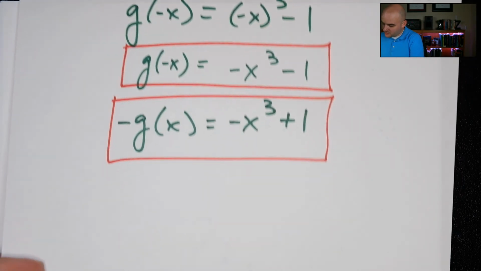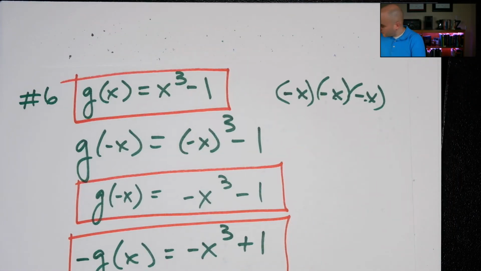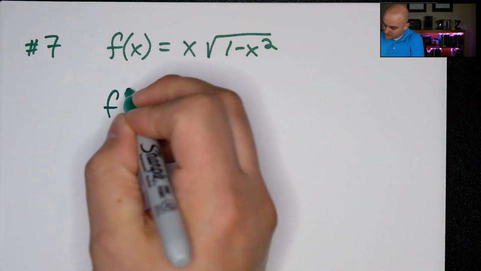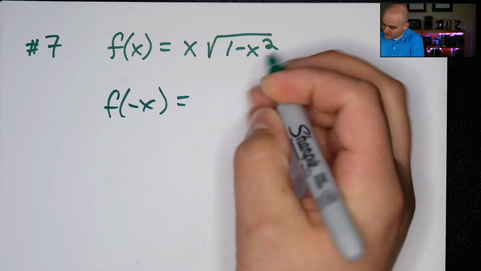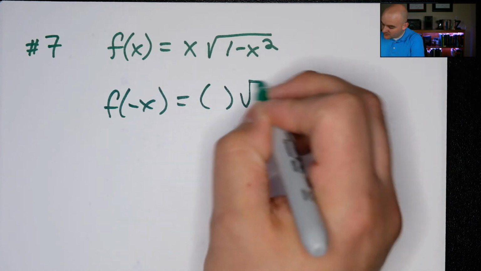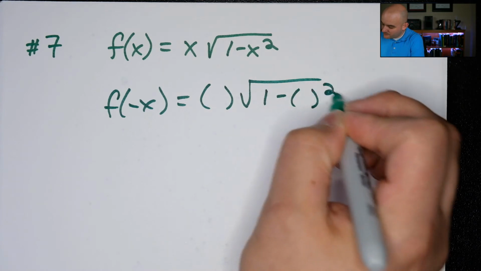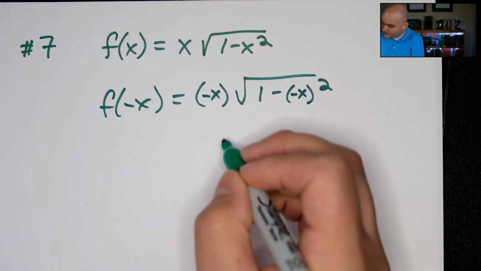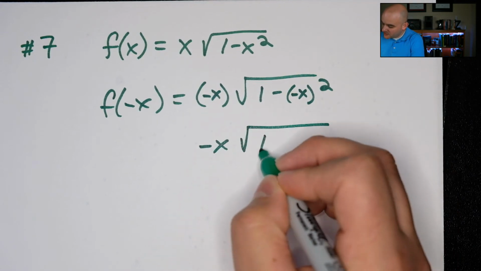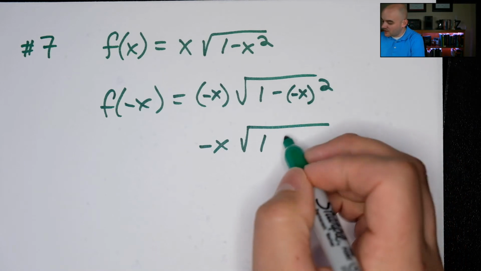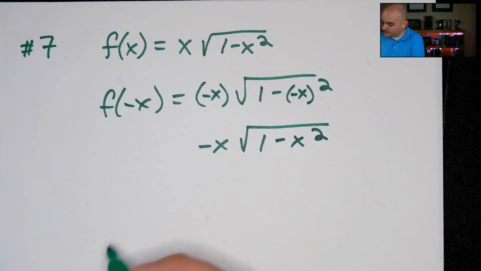All right. Number 7. All right, everywhere I see an x, I'm going to put a set of parentheses and substitute negative x in. This gives me negative x, and then 1. This becomes negative x squared, it becomes a positive x squared, but I'm subtracting it like that.